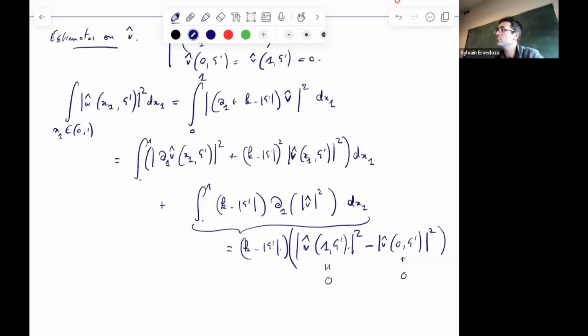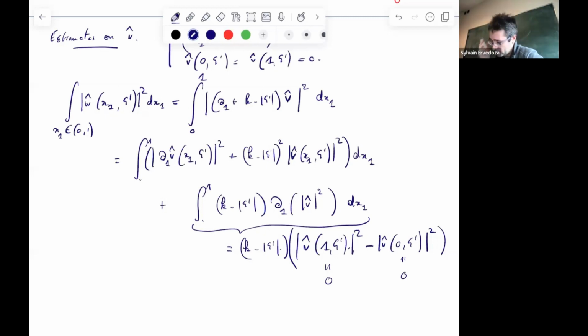I just want to comment for a minute on this term here. In these boundary terms, you see where the information comes from. Let me explain. Imagine that you have a non-homogeneous Dirichlet boundary condition, so that v hat at 1 or at 0 is non-zero. Then you see that the sign of k minus psi prime will tell you which information on the boundary should be considered.